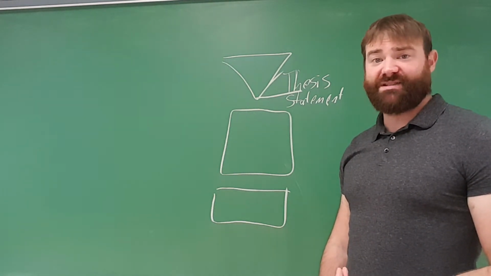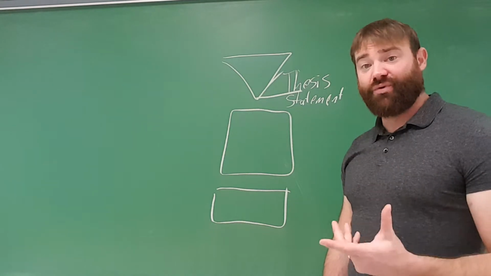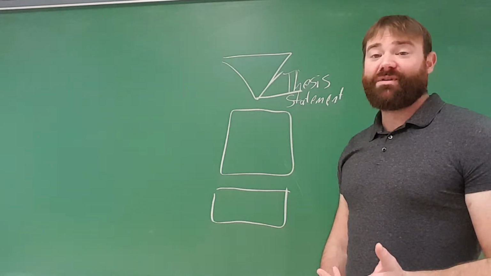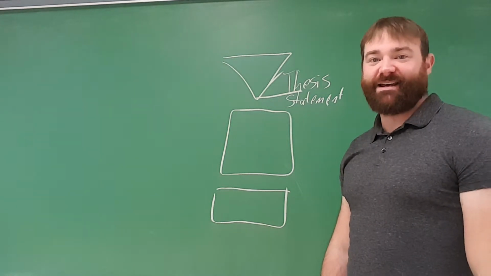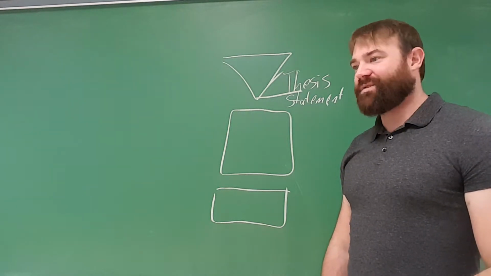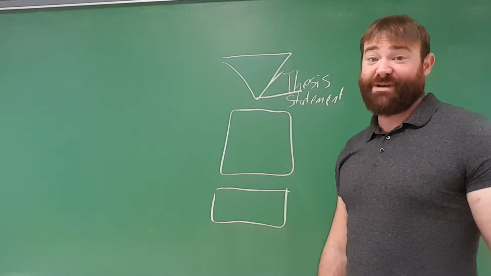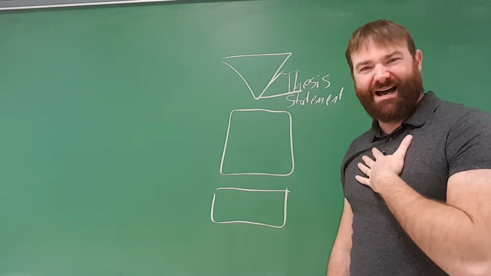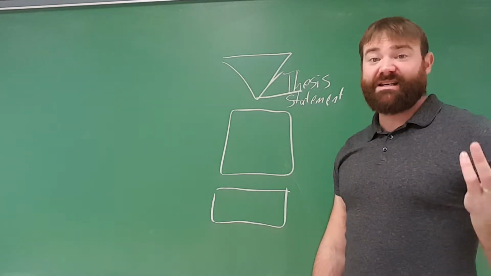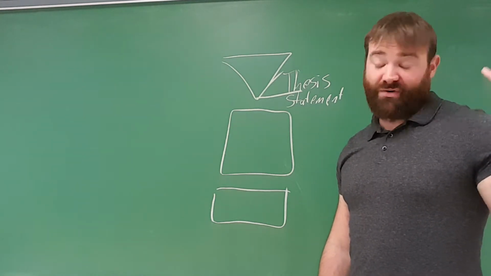The reason for this is that you're trying to prove the truth of the statement. If I were to say, I think that Metallica is the best band ever, you would say, okay, that's just your opinion, right? Well, I can't really prove whether or not I believe that because it is what it is. I just told you I believed it. Okay, fine.